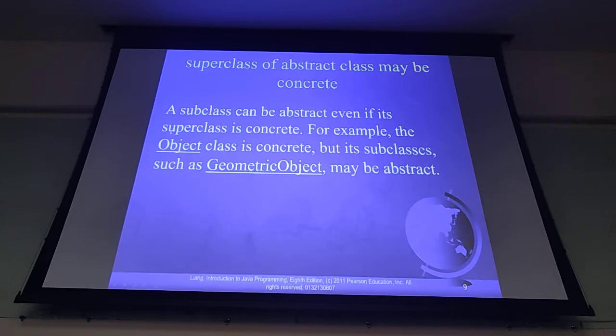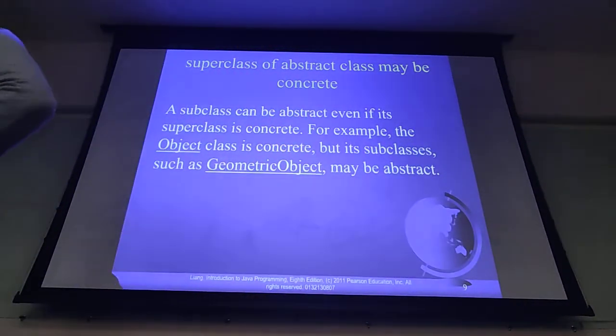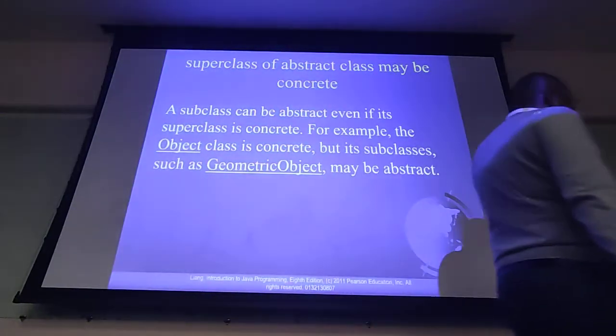A subclass can be abstract even if the superclass is concrete. What do you mean by this? The superclass is not abstract, but the subclass is abstract. So let's see, I have one class here.